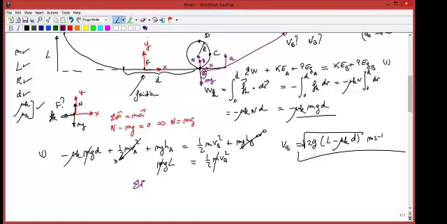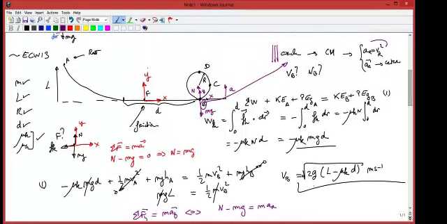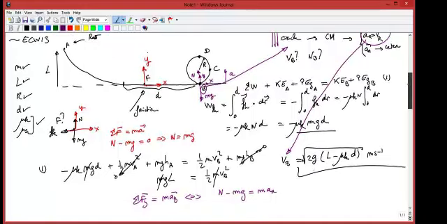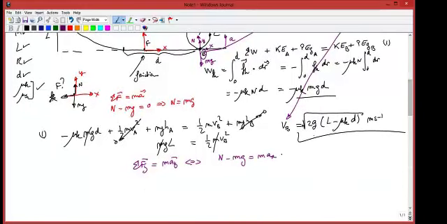that the sum of the forces in the y direction is going to be N minus mg is equal to m a_r, the radial. Okay? And we know, since we're going in a circle, that this acceleration a_r is related to the tangential velocity that we just obtained. Let's substitute it in there.